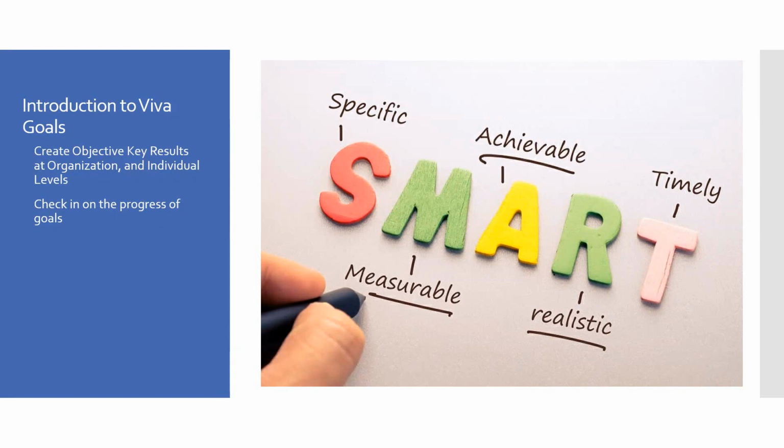So it's not an intention. An intention might be, for example, I want to lose weight, or I want to become more knowledgeable in SharePoint. A SMART goal is very specific. So a specific goal might be, I need to lose 14 pounds in weight, or I need to pass a specific exam inside of SharePoint. It becomes measurable.